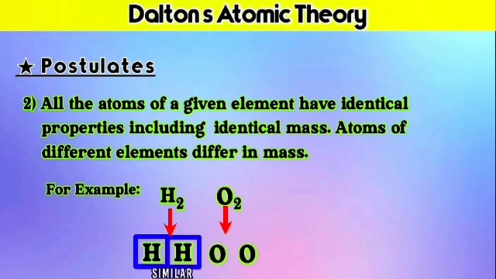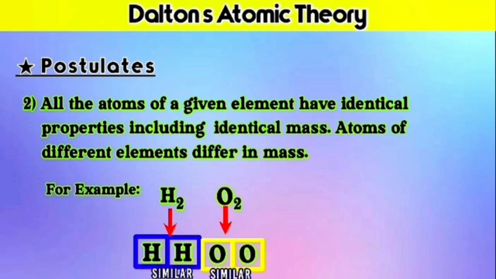But at the same time, its properties will not be similar to this oxygen atom. This one oxygen atom will have similar properties to this another and all the other oxygen atoms, but it will be different in other elements' atoms. So I think now the second postulate of this theory is also clear.